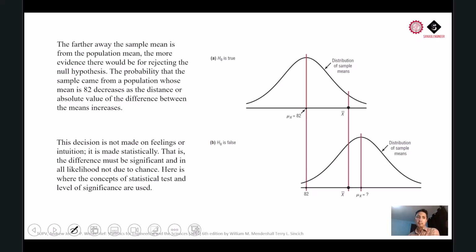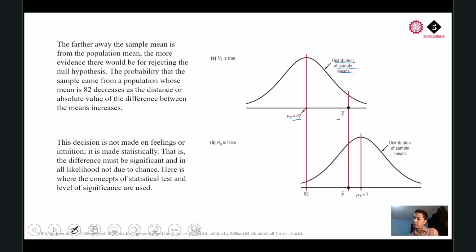So at the top, we have the distribution of sample means, right? We know that the population mean for the beats per minute is 82, and that is the assumed mean of the population. So this is the distribution of the sample means.